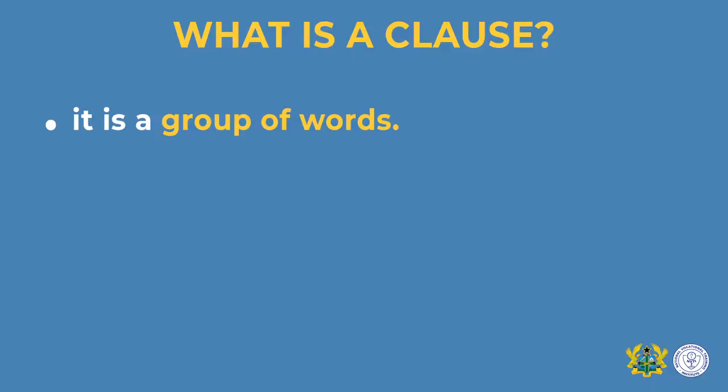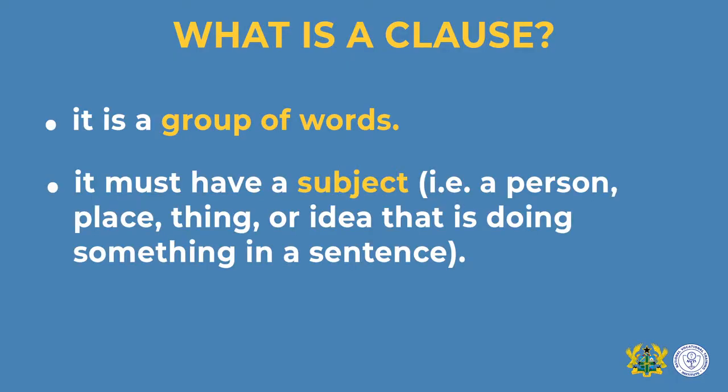First of all, a clause is a group of words. Secondly, we are saying that it should have a subject. A subject is a person, a place, thing, or the idea that is doing something in a sentence. And we know what a subject is from our previous lessons.